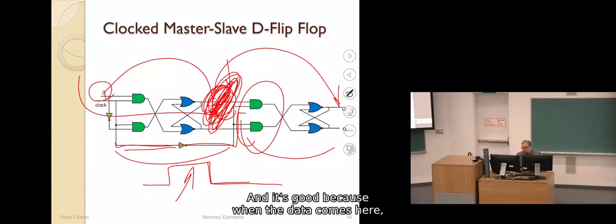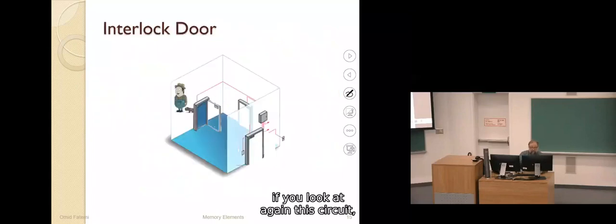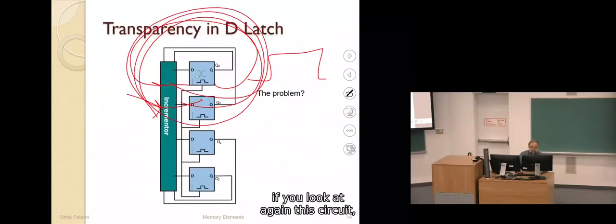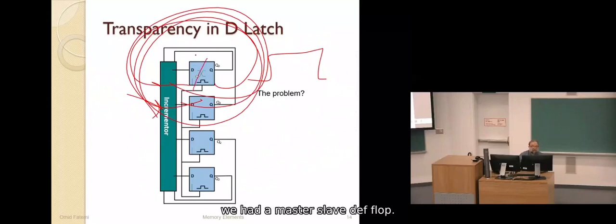And it's good, because if you look again at this circuit, if instead of just a D flip-flop, we had a master-slave D flip-flop, and for example, I told you that we have 5 at the output. 5 was 4 and 1. 1, 0, 1, 0.